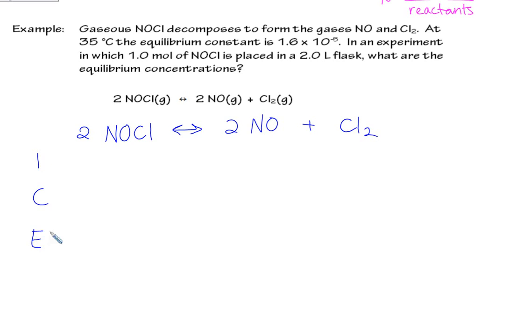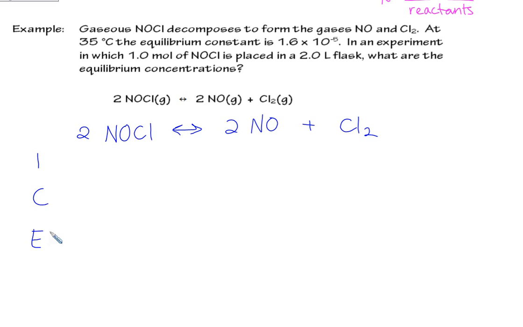And we'll start this off with our initial concentrations. What do we have here? At 35 degrees, the equilibrium constant is 1.6 times 10 to the negative fifth. In an experiment in which 1 mole of NOCl is placed in a 2-liter flask, what are the equilibrium concentrations?